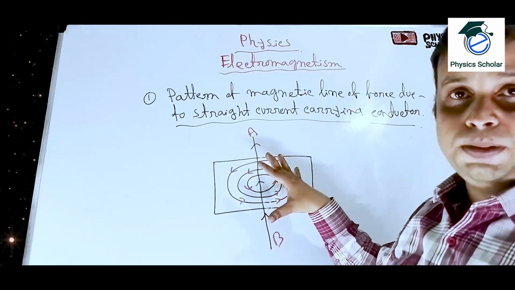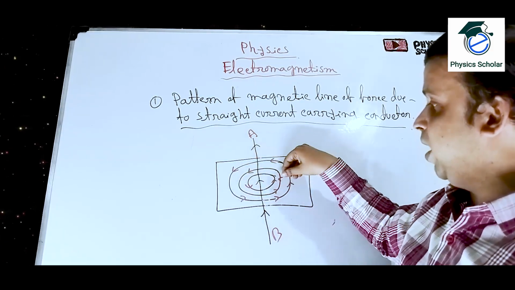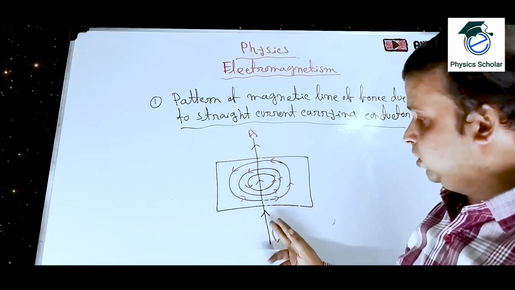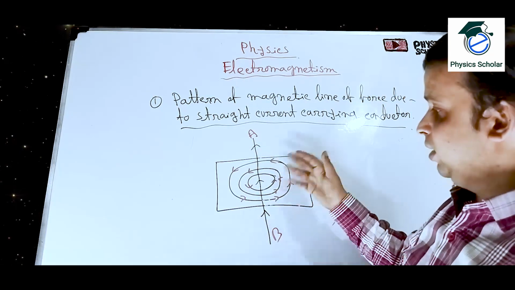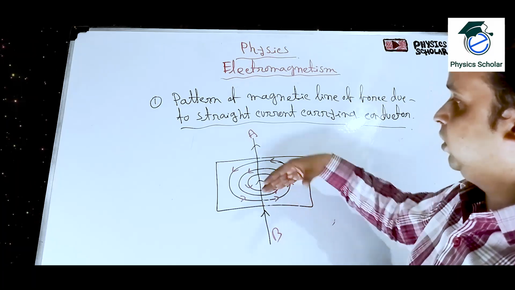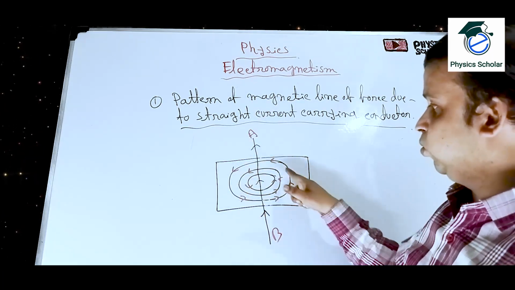So how can we experiment with that? We can put some iron dust. The current will be passed through the conductor, and if we shake it a little bit, the dust will fall down and we can observe the circular shapes.